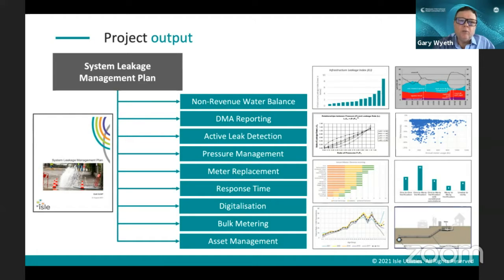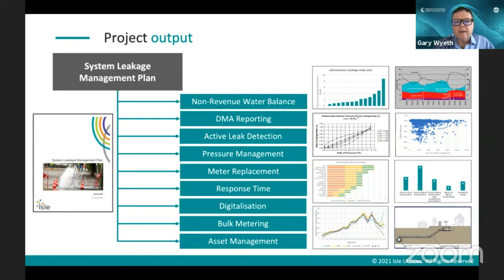So when we're looking at the system leakage management plan, we have decided to break that down into 9 different areas, and you can see those 9 areas here. We've got non-revenue water balance, DMA reporting, active leak detection, pressure management, meter replacement, response time, digitalization, bulk metering, and asset management.